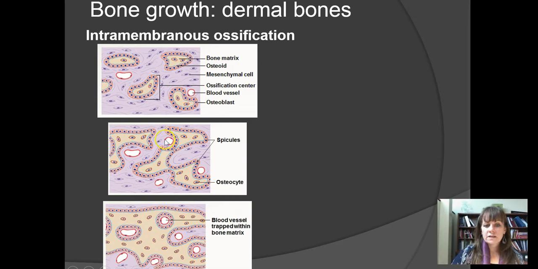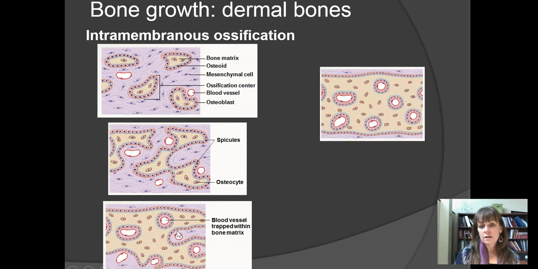Now these blood vessels that are throughout the membranous connective tissue, those blood vessels get trapped inside the bone matrix, and that's what helps continue to supply this type of bone with the nutrients that it needs.